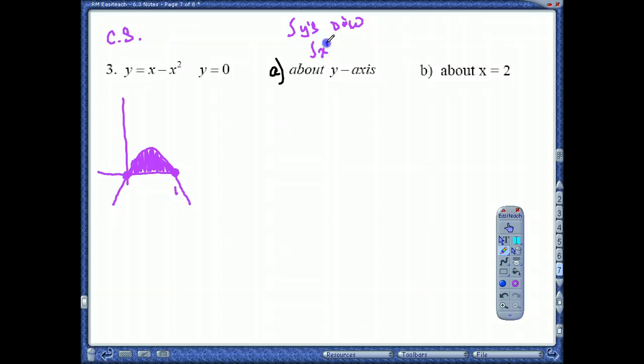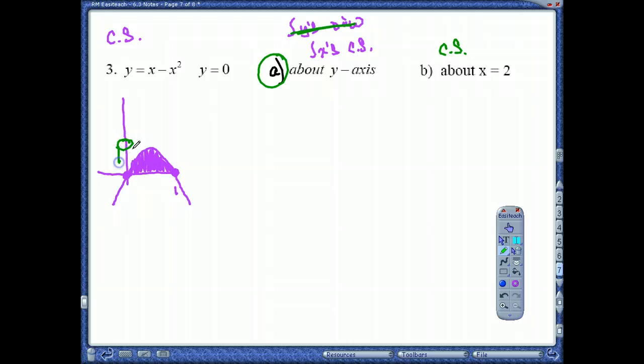If I can do x's inside here, I'll have to do cylindrical shells. Well, I have no choice in this matter. I can't solve it, so that guy's off the map. This guy is vertical, so it's the same aspect. It's cylindrical shells. For part A, we'll do A in green.